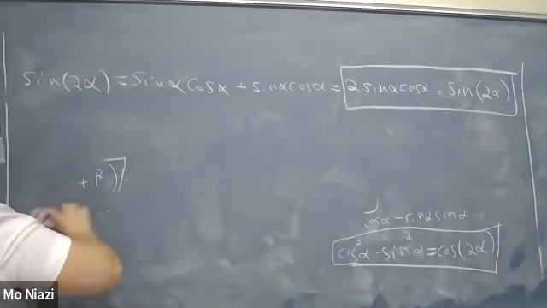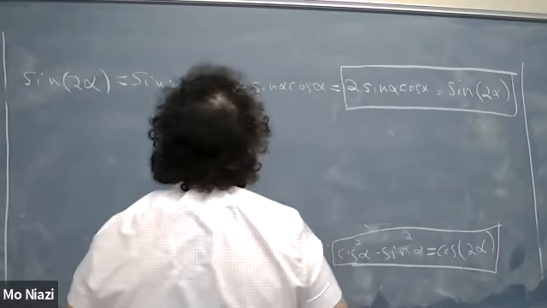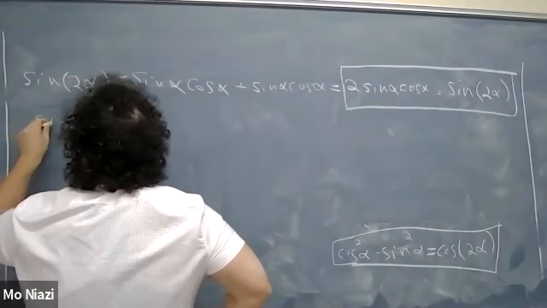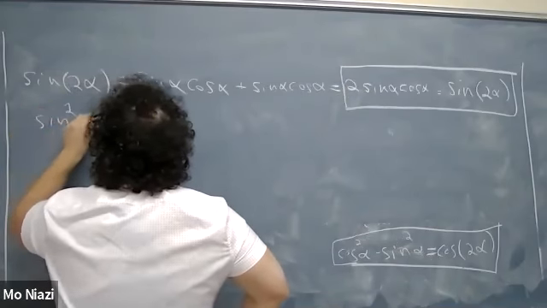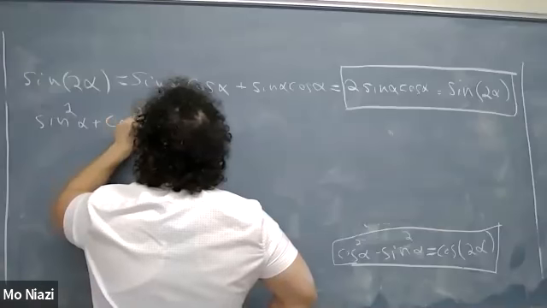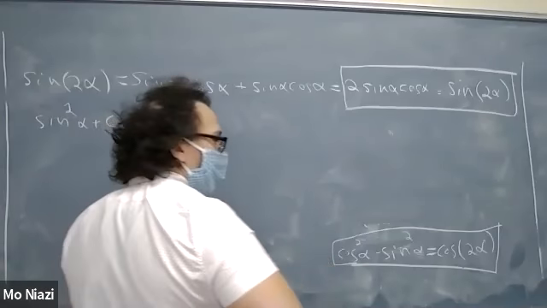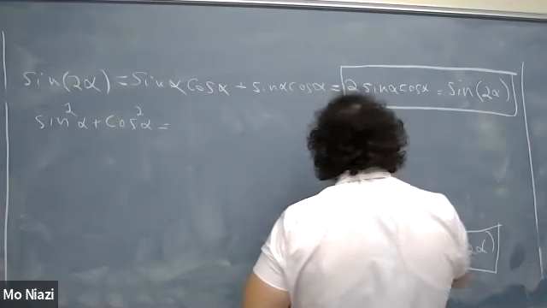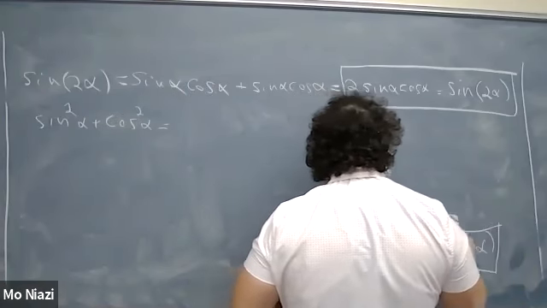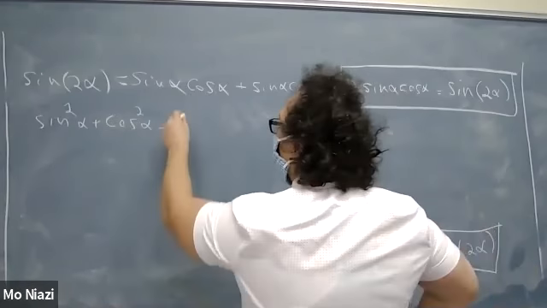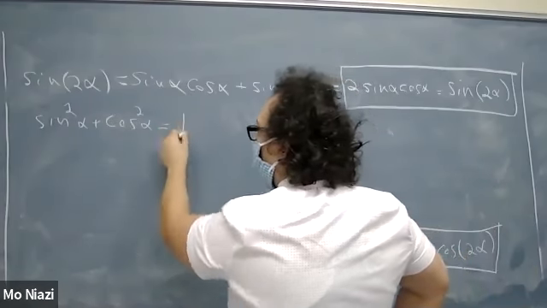Well, if the cosine of 2 alpha is equal to this, and sine squared alpha plus cosine squared alpha is equal to what? What is that equal to, class? One. Notice that I can solve for cosine squared alpha here and plug that in here.